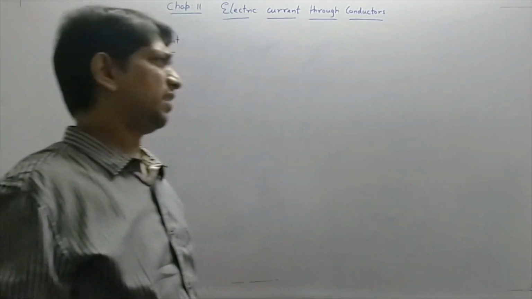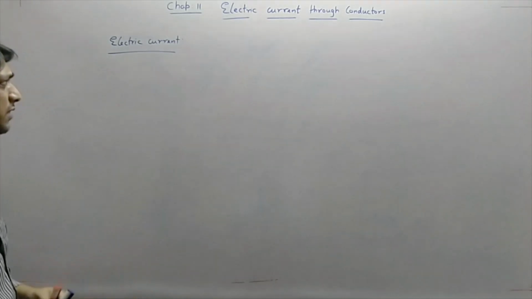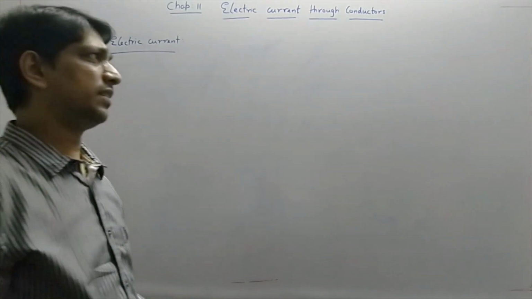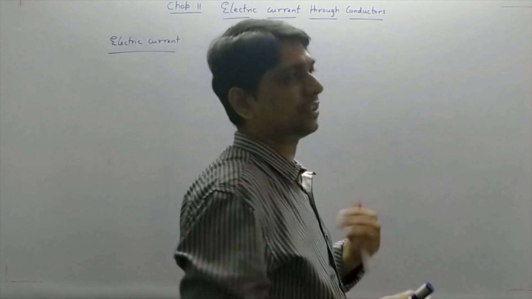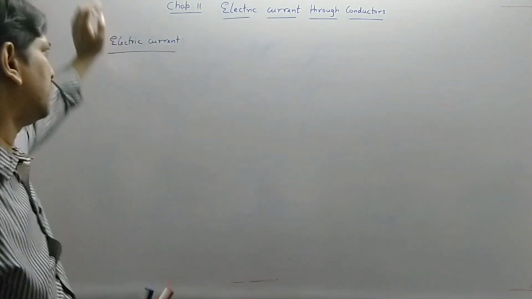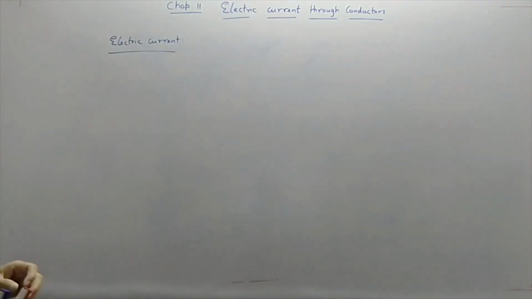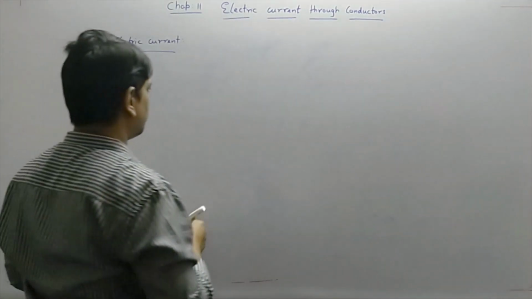Like semiconductors, where we can get current due to both positively charged particles and negatively charged particles. Here we are going to study basically the electric current in a gas. What happens in a gas is given in your textbook.